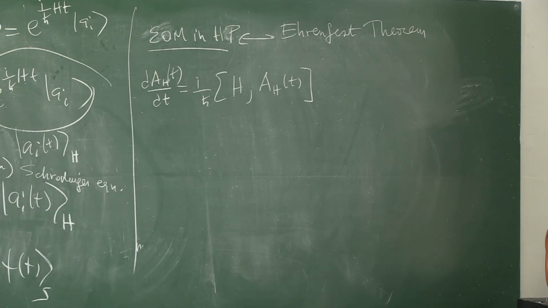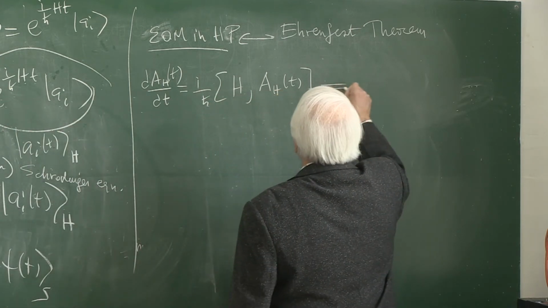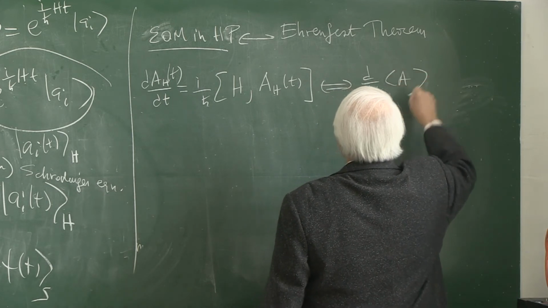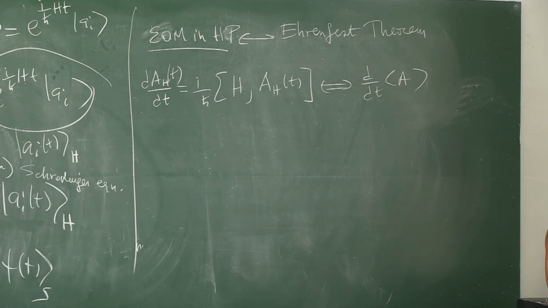Whereas we have an equation satisfied by the expectation values. Let me work that expectation value equation out, and let's try to understand these two equations in relationship with each other.